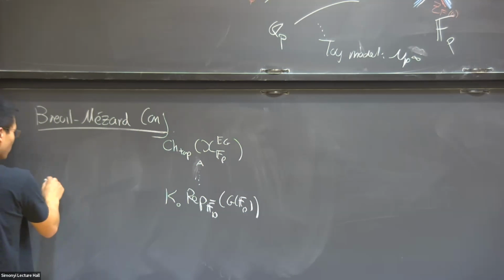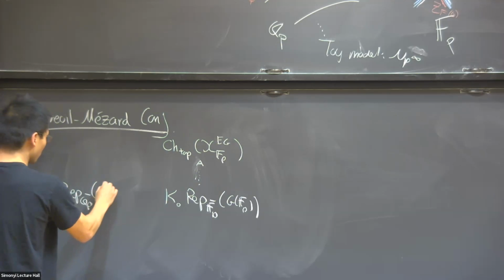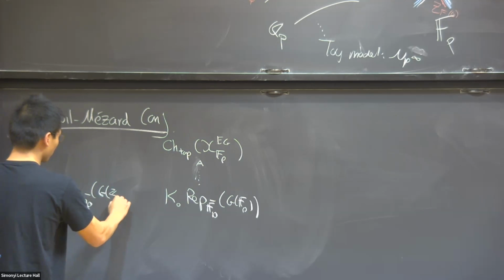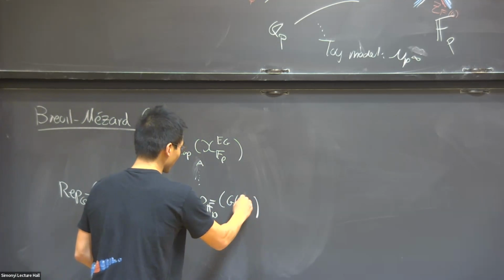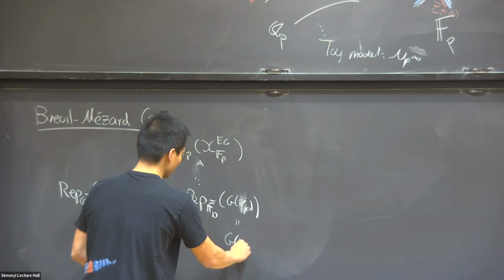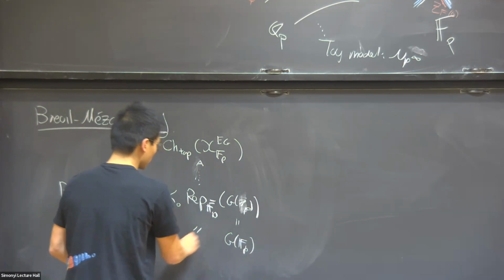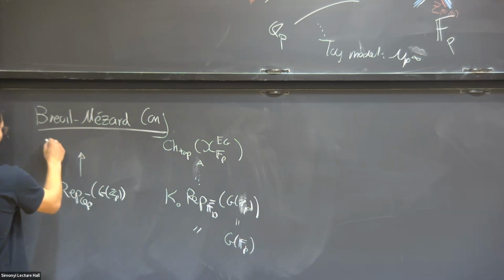And there's something I already know, which is how to go from representations in characteristic 0 of G of, well, at the level of K-groups it doesn't really matter, so let's call this G of Z_p, but it's the same as if we did the same thing with G of F_p. In characteristic 0, I already have this procedure, which I understand from Pan-Kisin theory.